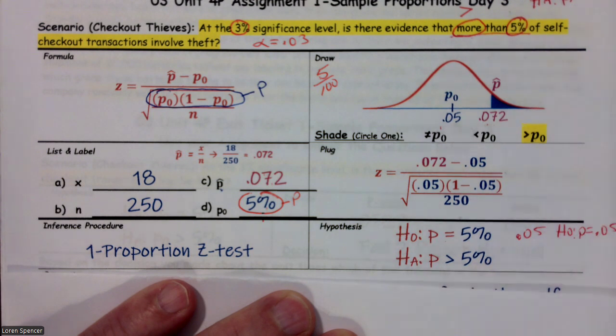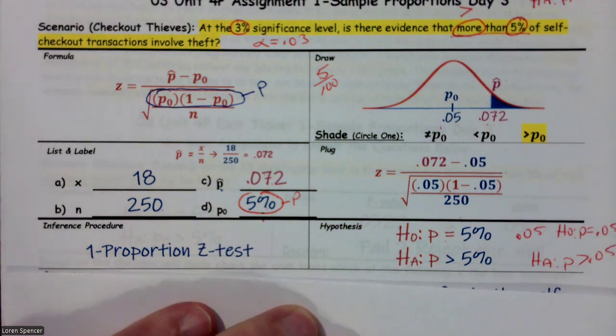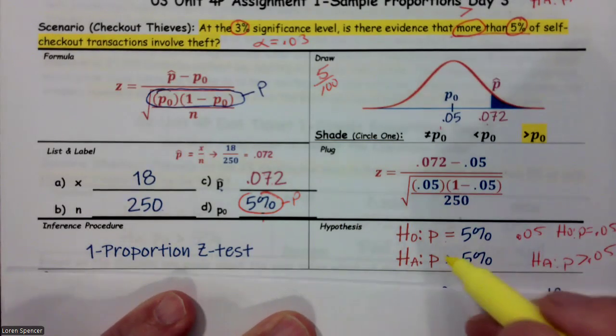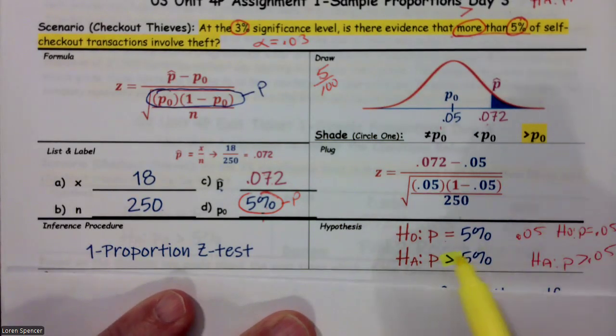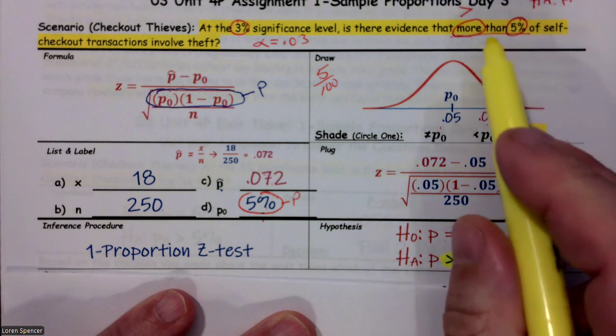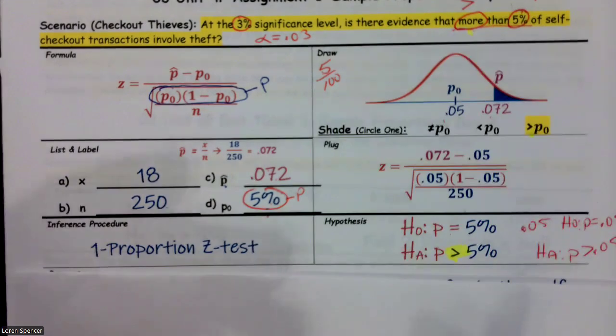An alternative hypothesis would be Ha, p is greater than 0.05. Please remember that the greater than here is consistent with the word more. So that all needs to be the same and related. So please make sure you have that going.